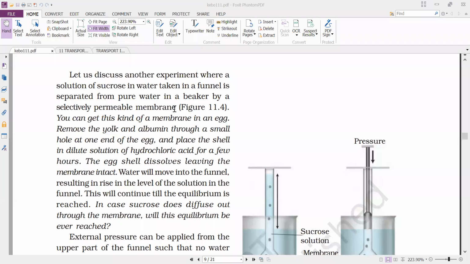How to get this egg membrane? For that, what you have to do is take the egg of a hen and place the egg in a dilute hydrochloric acid.